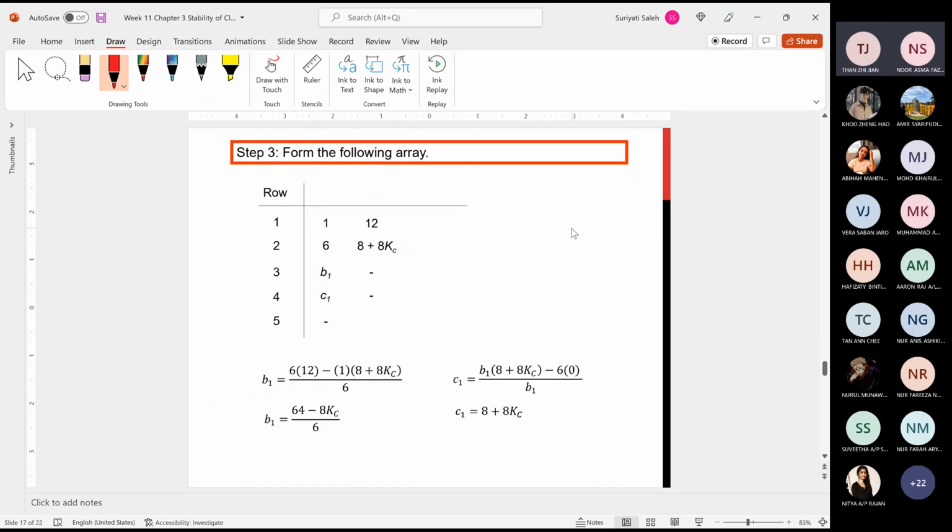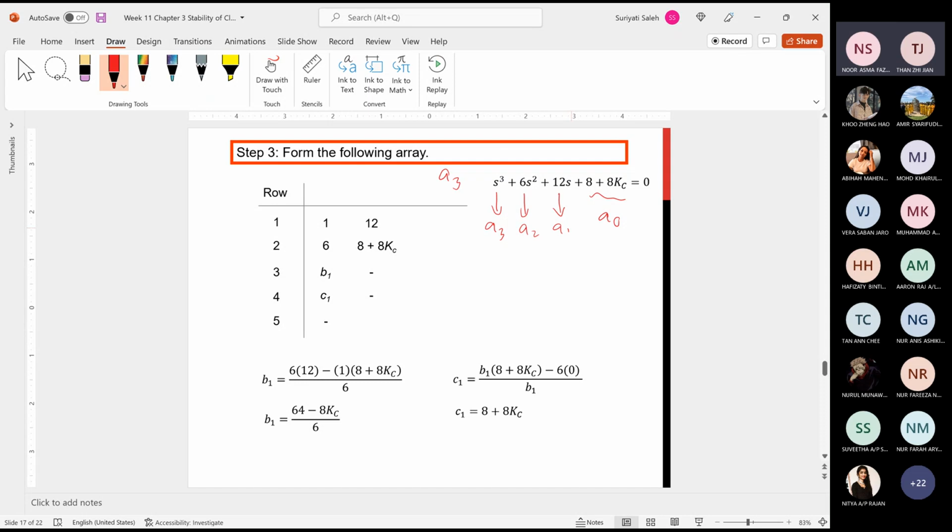So if we recall, this is our equation. Since the highest power is S power of 3, that means you have A3. So this one is A3, this one A2, this one A1, and this one A0.